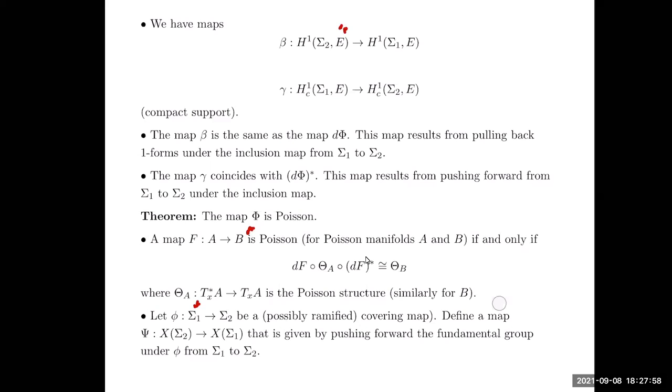Here we also talk about a covering map. So sigma 1 was an open submanifold of sigma 2? Yeah, we started with the situation where sigma 1 was a submanifold of sigma 2.